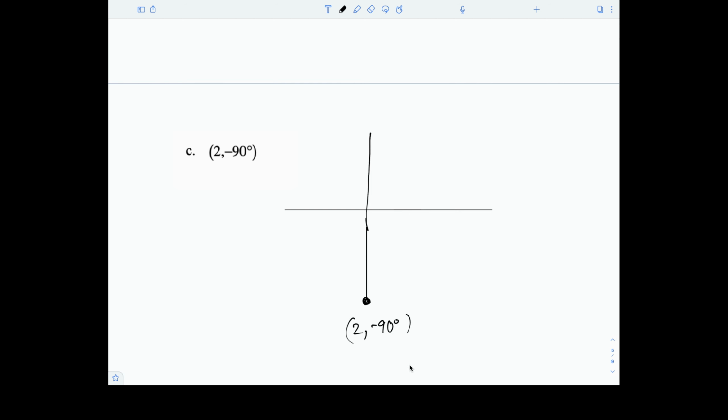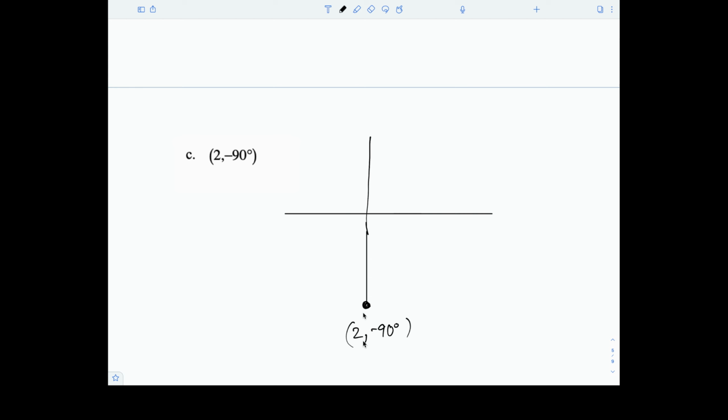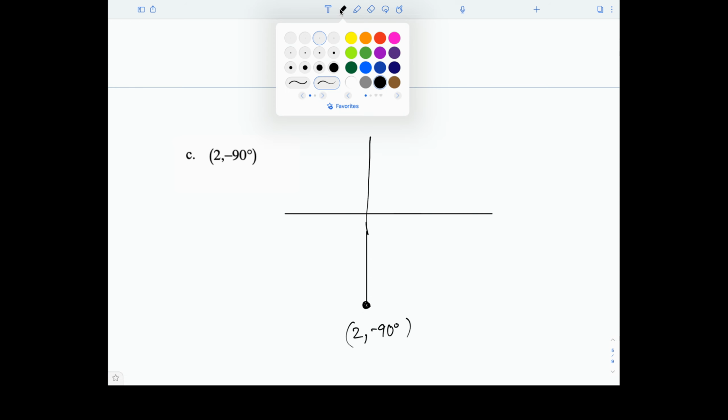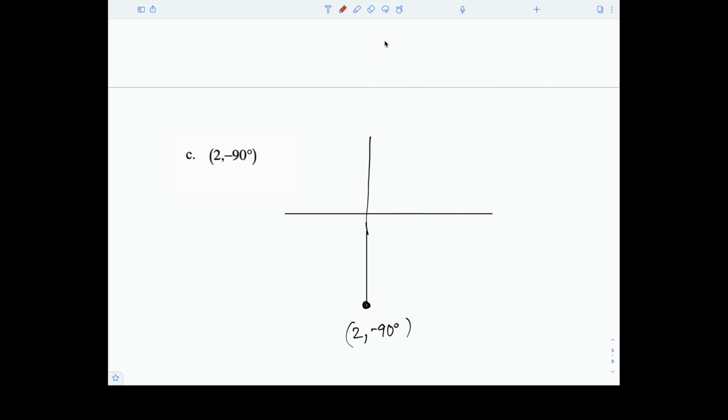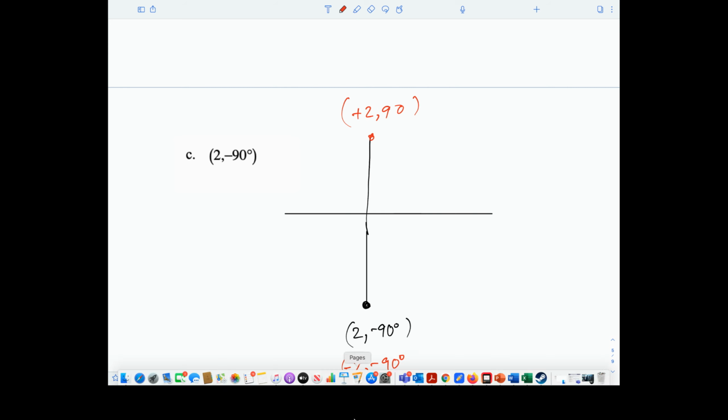So again, if you want other ways of representing this, you could add or subtract 360 from 90. I'm going to use the fact that if I took this point, which is 2, 90, and negate the 2, I'm down here. So this is negative 2, negative 90.